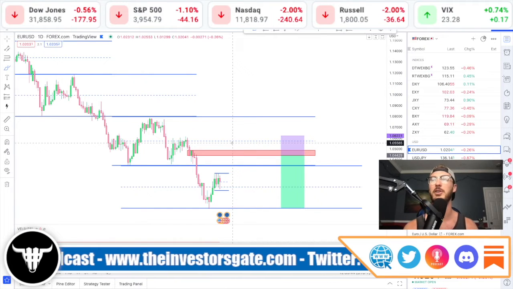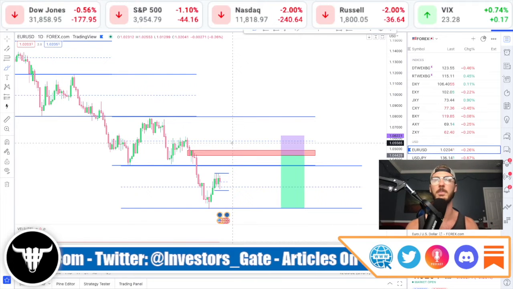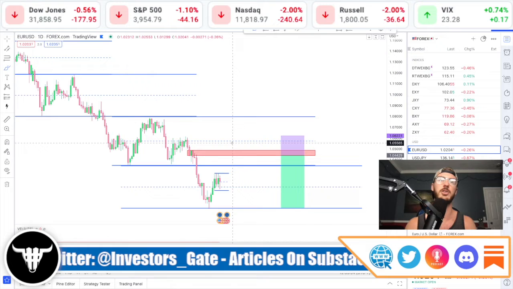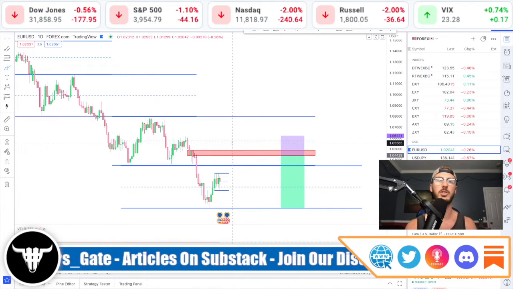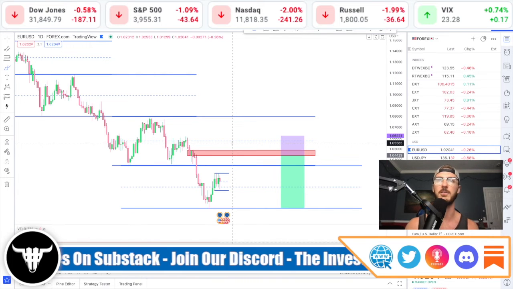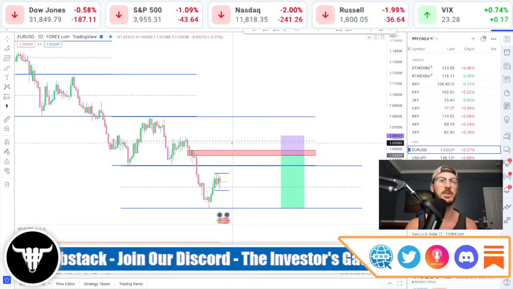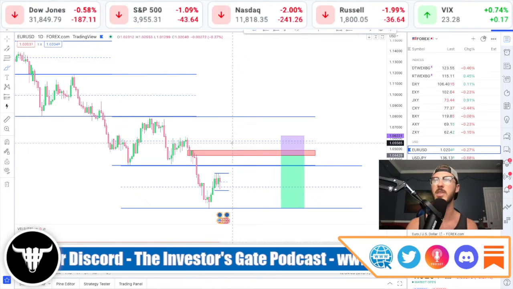For those who don't know, this is going to be very jargony, but foreign exchange rates are largely driven by interest rate differentials. So if the U.S. is raising interest rates faster than Europe, then people are going to sell euros and buy dollars, and vice versa. So it's all about the relative rate of change in the interest rates. For instance, the ECB just recently raised 50 basis points, and that was somewhat of a surprise, a little bit more hawkish.